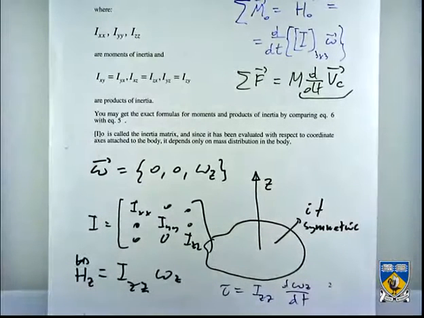Okay? So we now can see the logic in this, hopefully. What I'm showing is a generalization of what you have seen for a simple rotation of a symmetric body around the fixed axis.